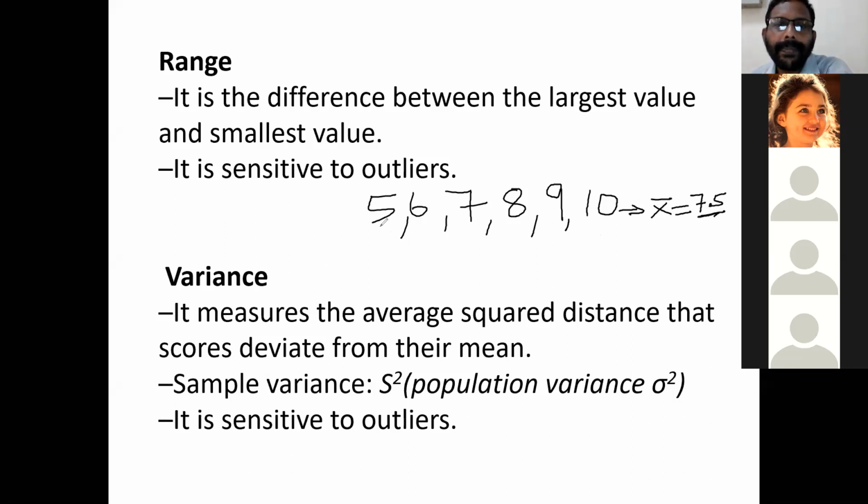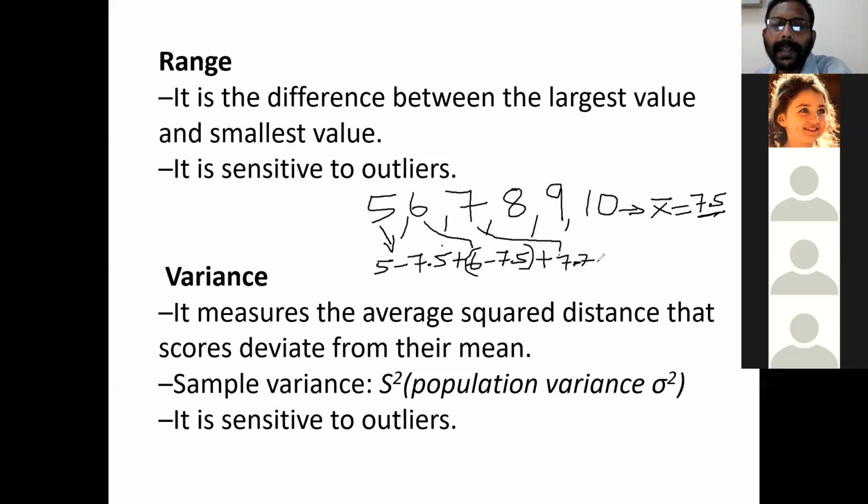Right. Now, for example, for this data: 5 minus 7.5, plus for this data 6 minus 7.5. So likewise, what about the next one? Plus 7 minus 7.5. Good.